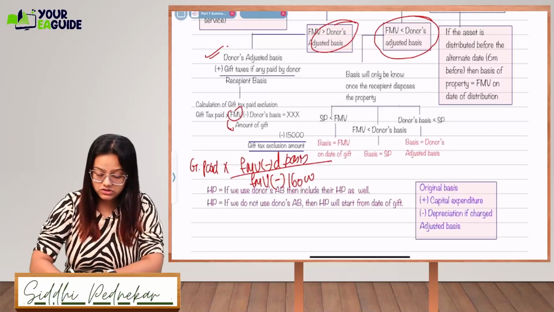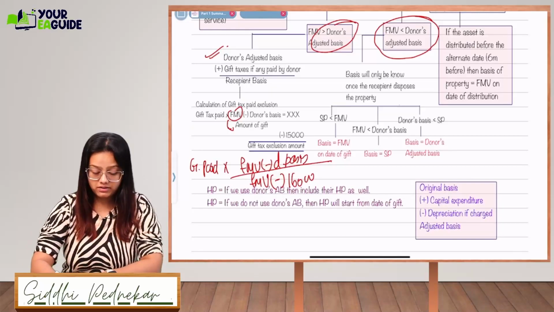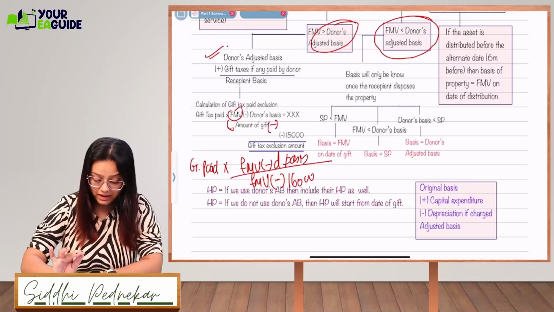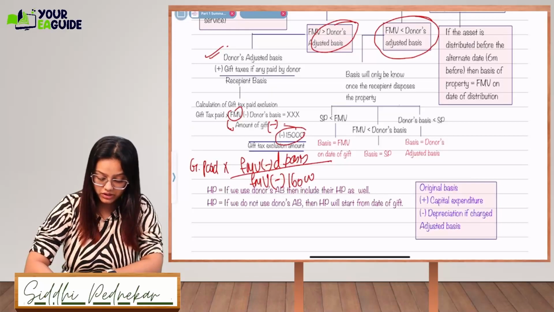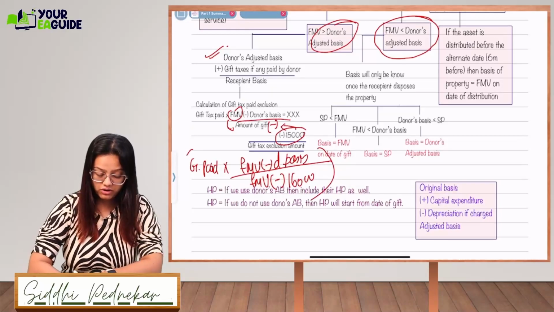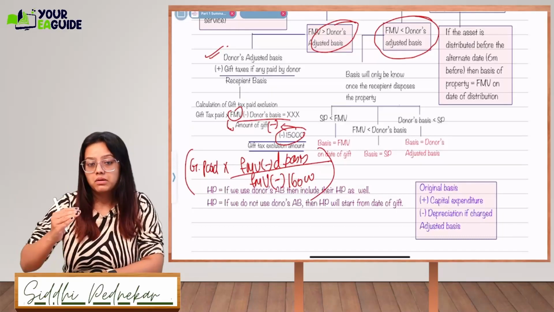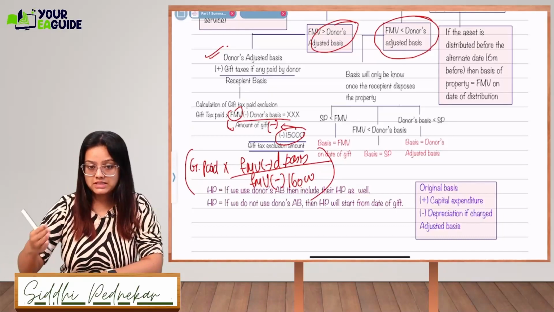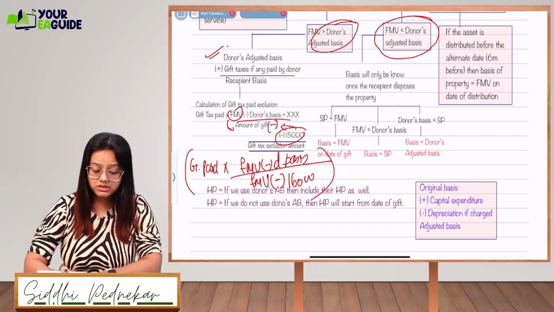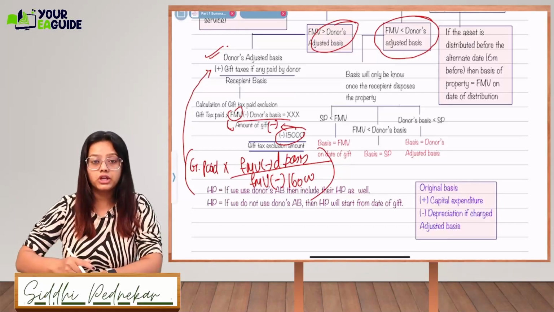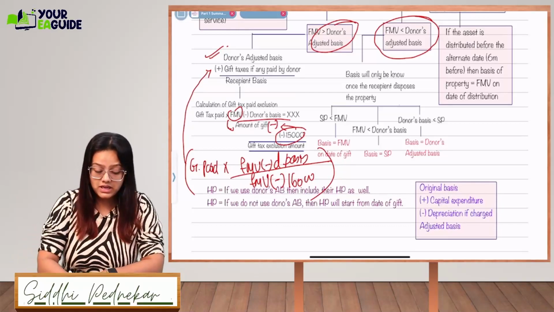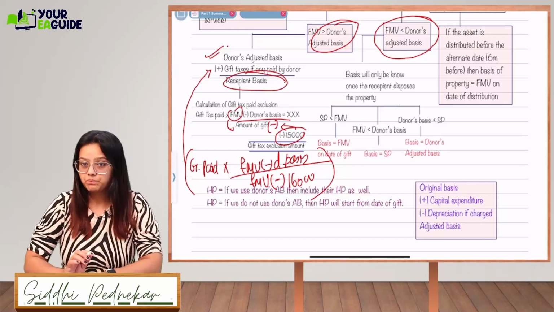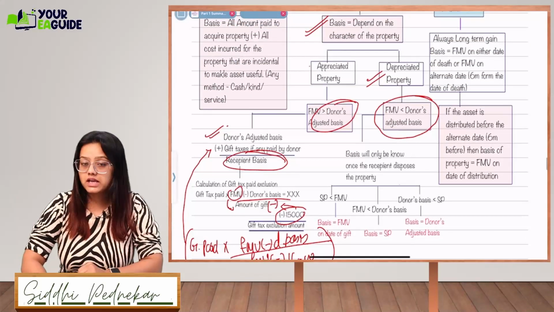Here there is actually a typing error, so you have to take this amount and put it over here in the divide. So just follow this formula: gift tax paid multiplied by FMV minus the donor's basis, divided by FMV minus 16,000. This much proportionate amount you add to the donor's adjusted basis. This is the recipient's basis. Got it, guys? This is in case of appreciated property.